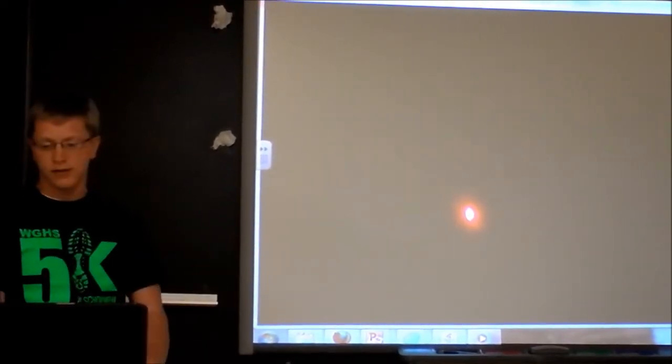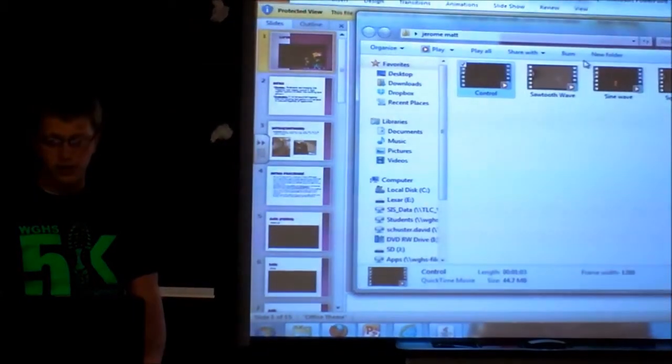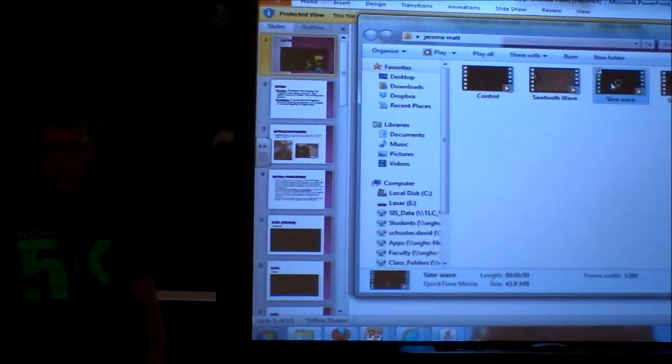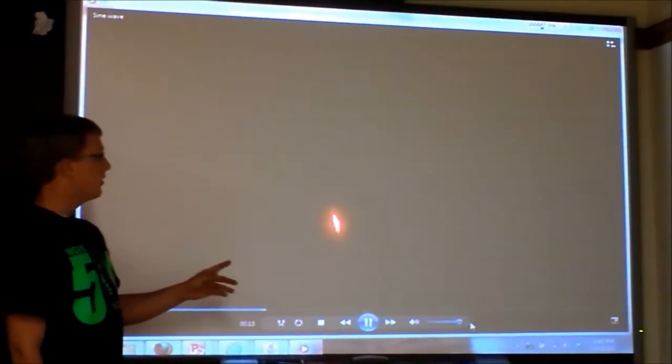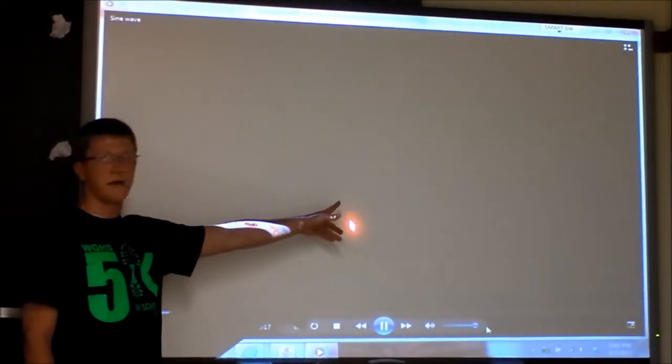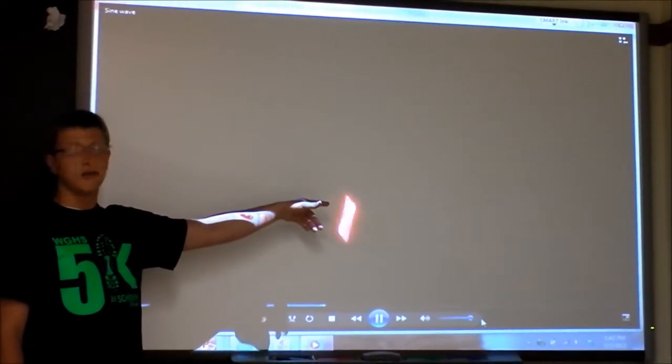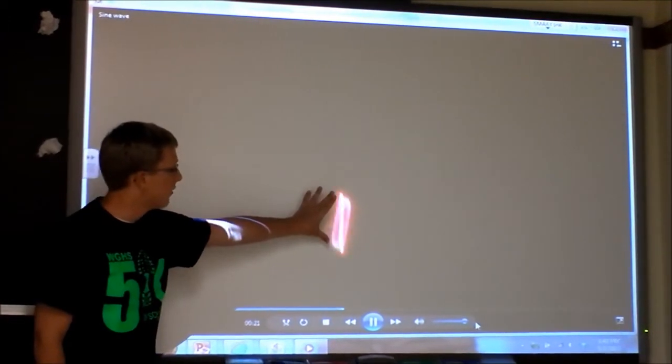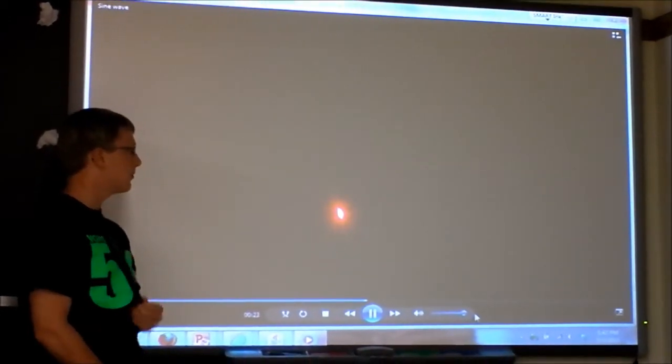So you can see we were finding different patterns. And so now I'll play the sine wave. And these got really interesting as we went on. What we did is we measured the displacement, and we used video analysis to measure the x displacement of it.